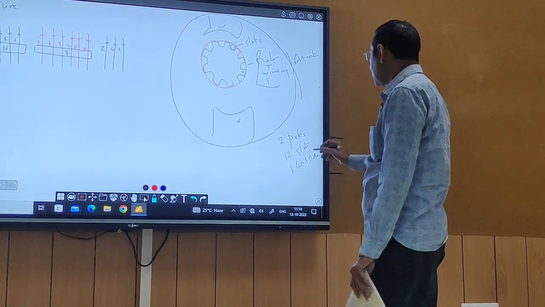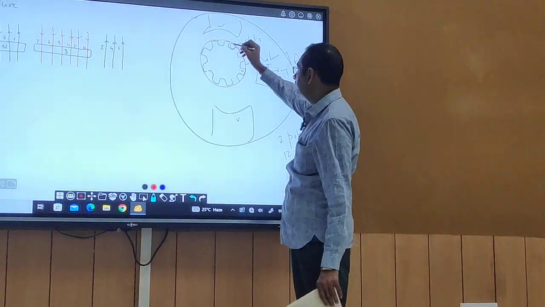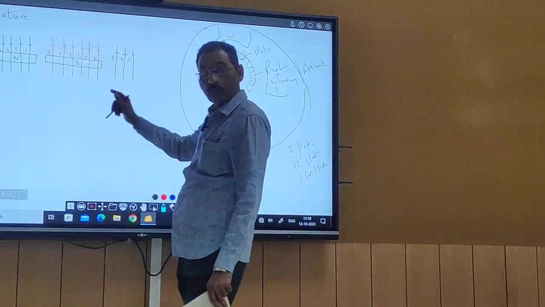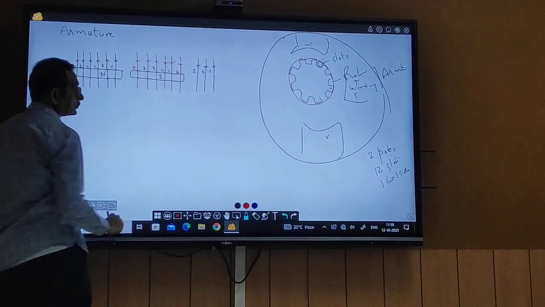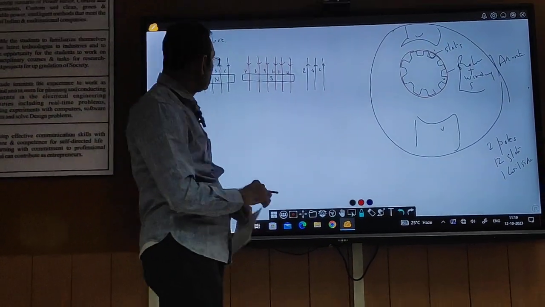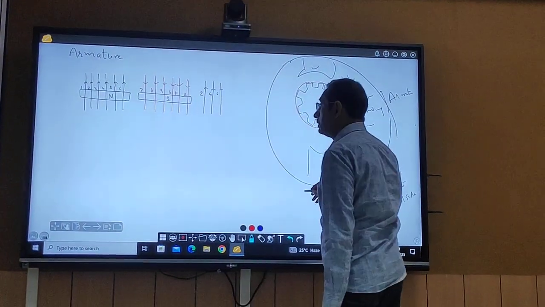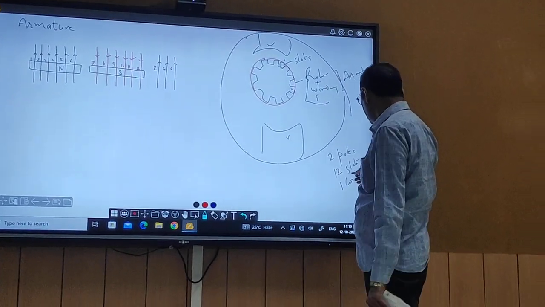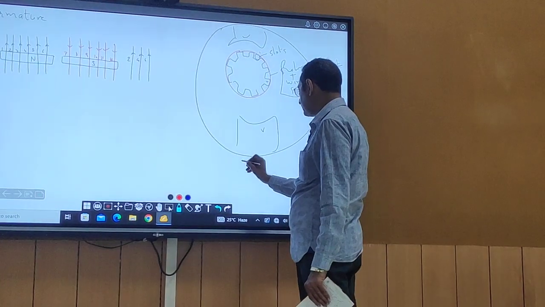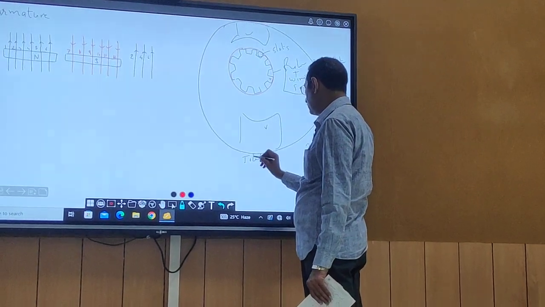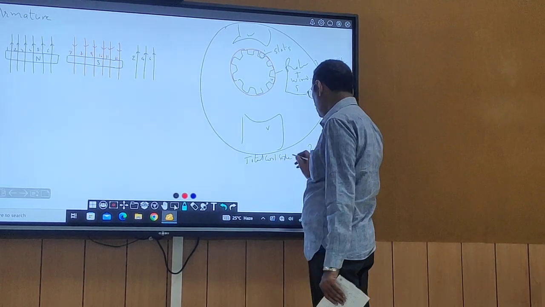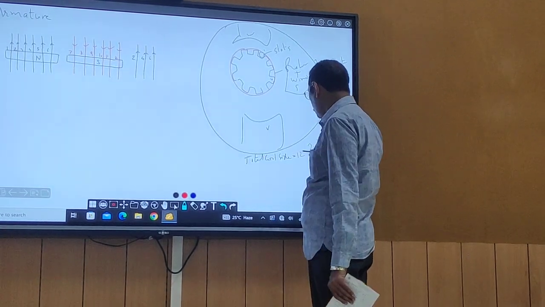That means in this there is one coil side per slot. So total number of coil sides are 12, and total number of poles are 2.